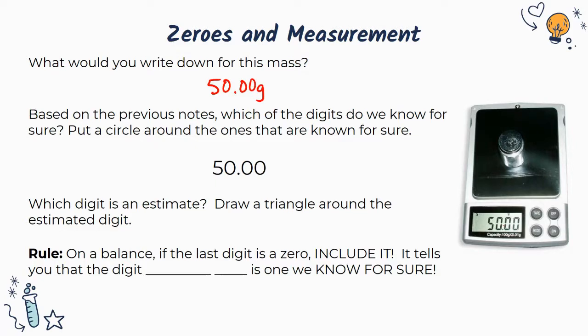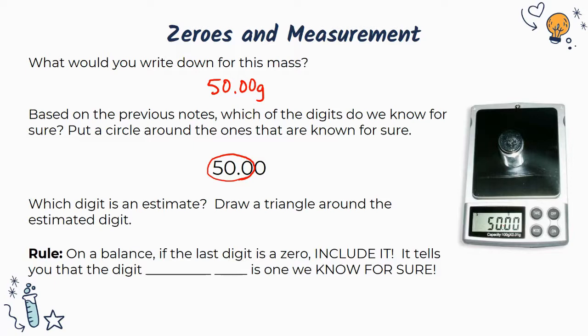Based on what we've talked about so far, the digits that we know for sure are the ones that aren't estimated. Remember, even scales estimate the last digit, which means if we put a circle around the ones we know for sure, that would be the 50.0, including the first zero.